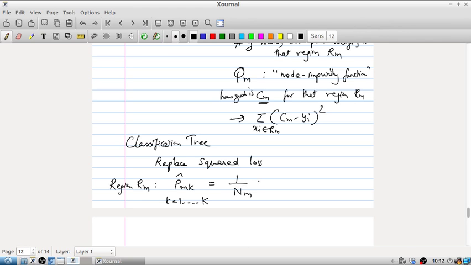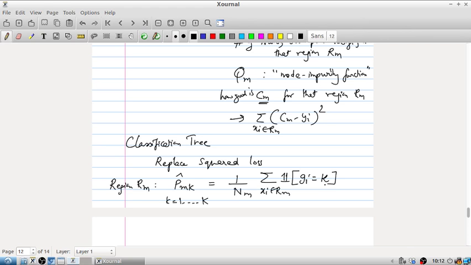It's just a scaling thing, times the sum over xi in that region, all the points falling in that region, of an indicator of whether gi is equal to k.